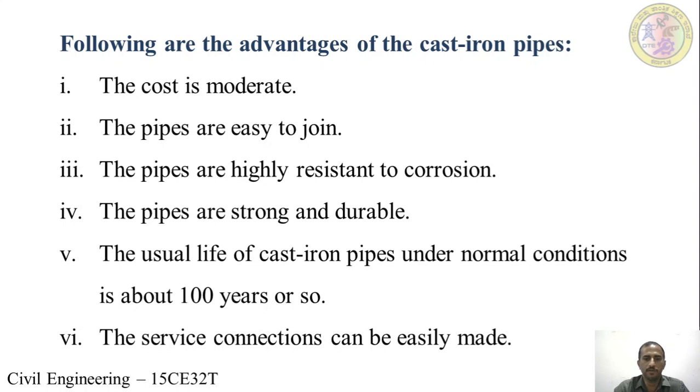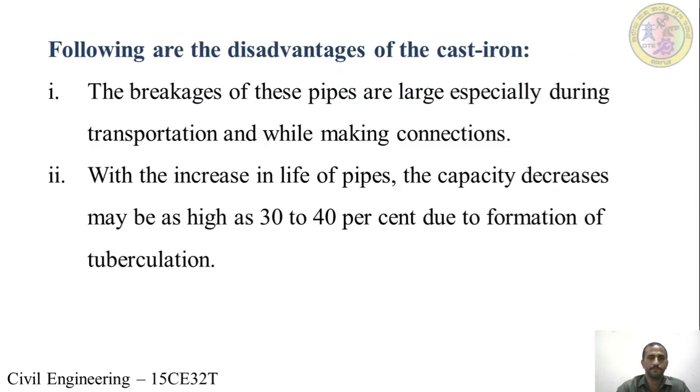They last longer, around 100 years in normal condition. The service connections, that is the connection from the main to the consumer property line, can be made easily by cast iron pipes.